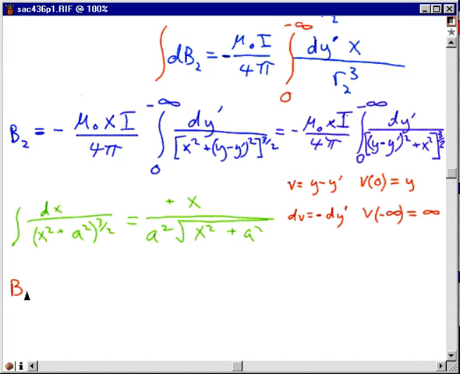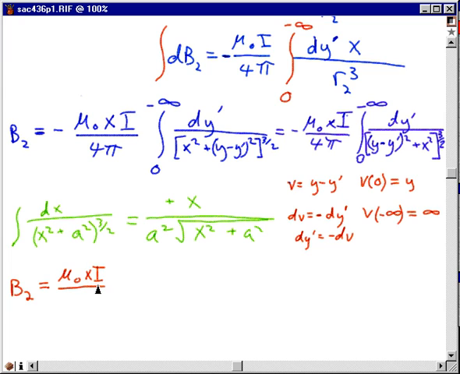And the expression for B2 in terms of the integration variable v becomes, let's see, dy prime is minus dv, so I'll put a minus dv in here for the dy prime, and the minus and the minus there cancel out, so I won't have any minus sign in the expression for B2.